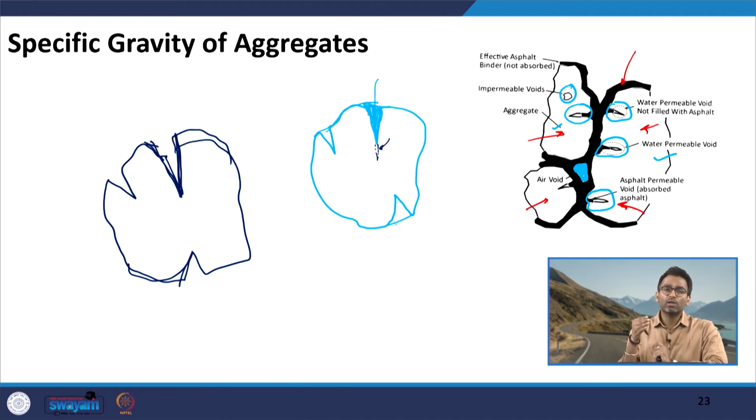So, there will be more resistance to flow inside the voids, is it not? It may happen that bitumen moves inside the void but stops here and is not able to go further. Which means that only this much percentage of the water permeable voids can be occupied with bitumen. I hope this is clear to you.